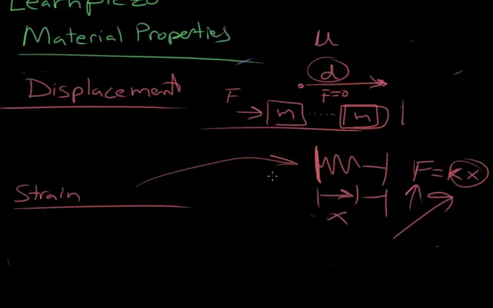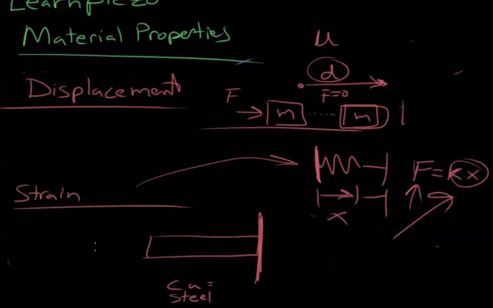But we're not going to use a traditional physics 1, college physics 1, or introductory physics type of spring. We're going to be using a material. So let's say we have a block of, I don't know, let's call it copper maybe, or steel. And it's attached to a wall.